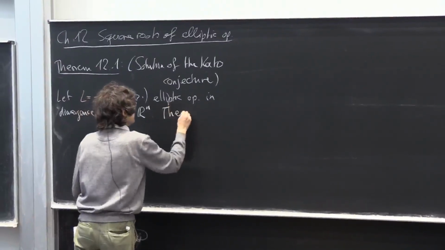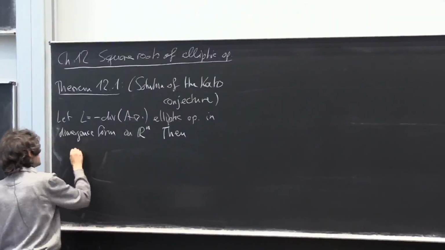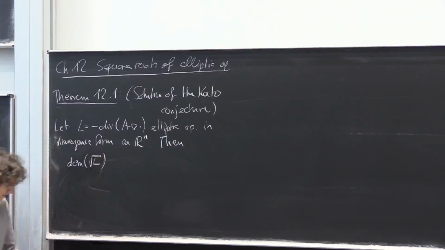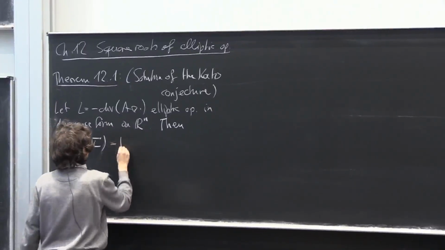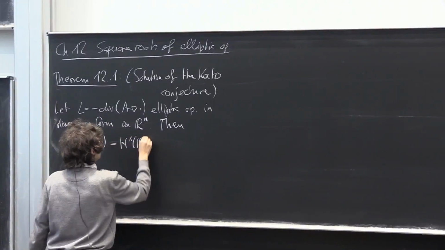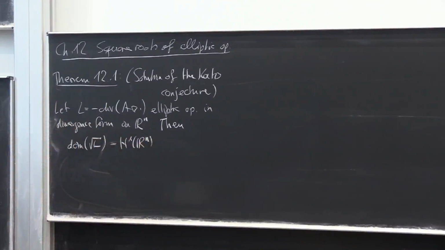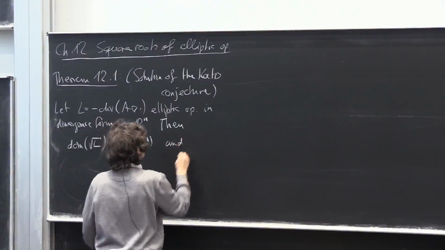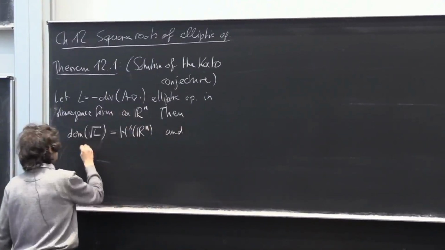And what the Kato conjecture says is that the domain of the square root of L is exactly the form domain of the corresponding form, so it's exactly H1, with equivalence of norms and even equivalence of the homogeneous part of the norms.